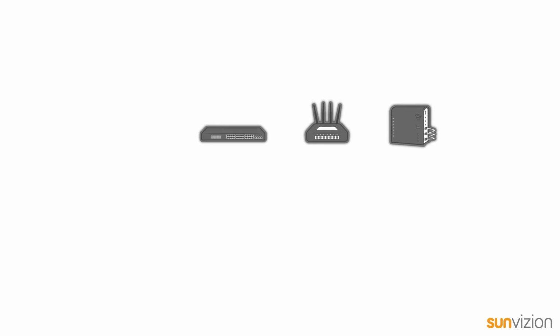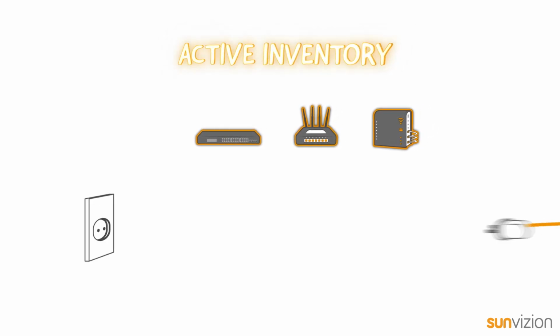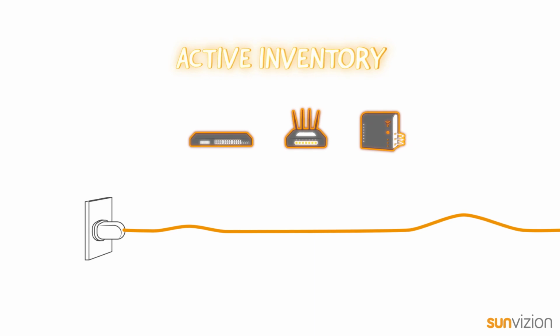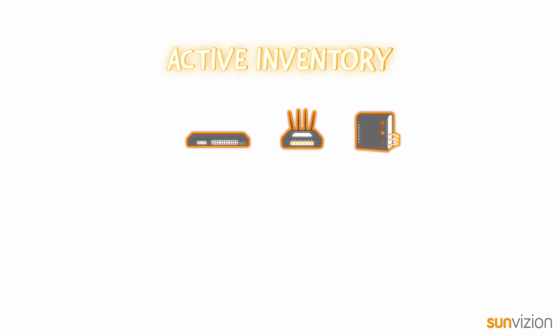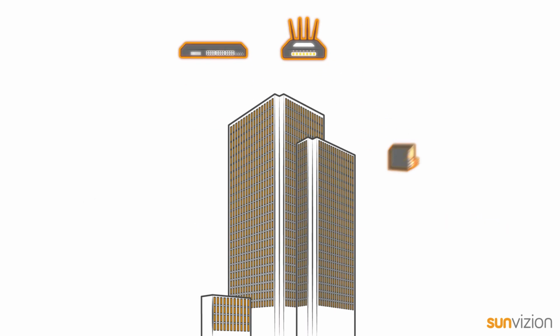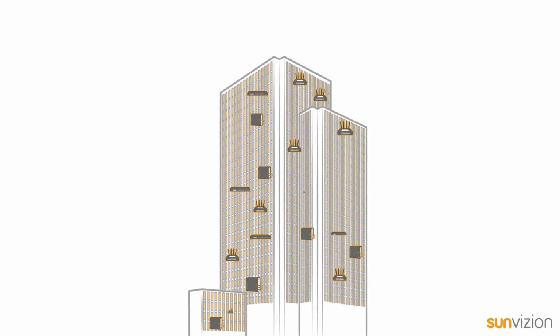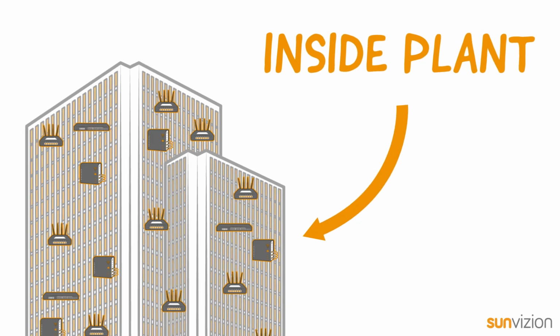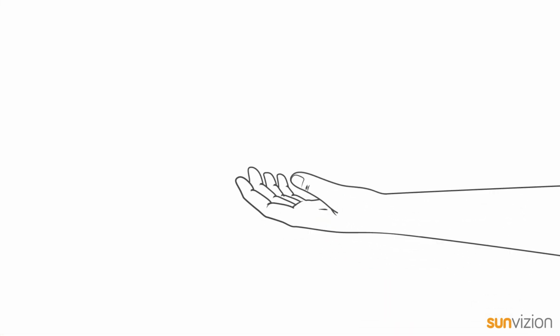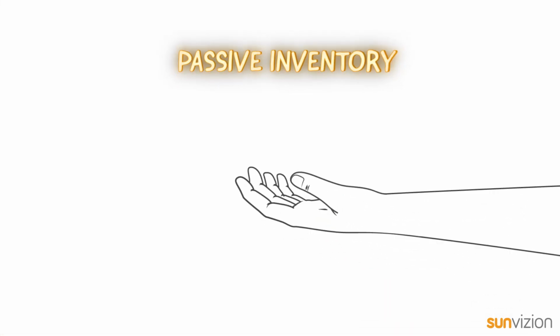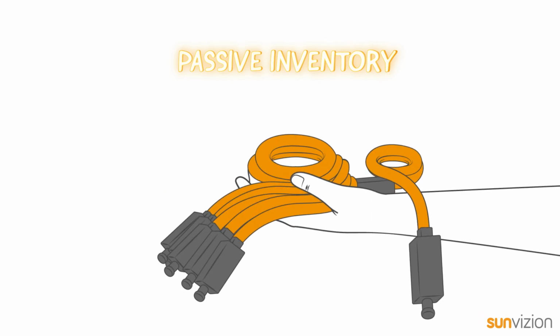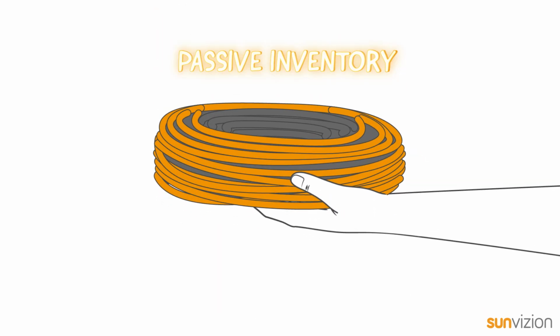These devices are known as active inventory, in part because they require power to operate them. Since most active inventory is stored inside communications rooms or buildings, most examples are known as inside plant. There are also components known as passive inventory. These can also be held in your hand, but generally don't have a power cord attached.